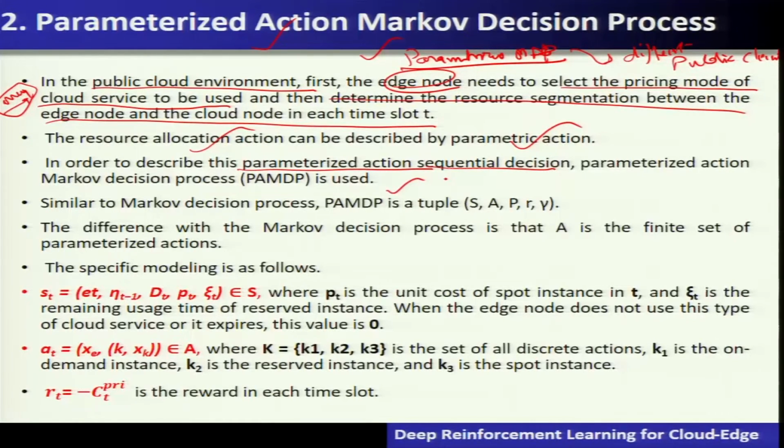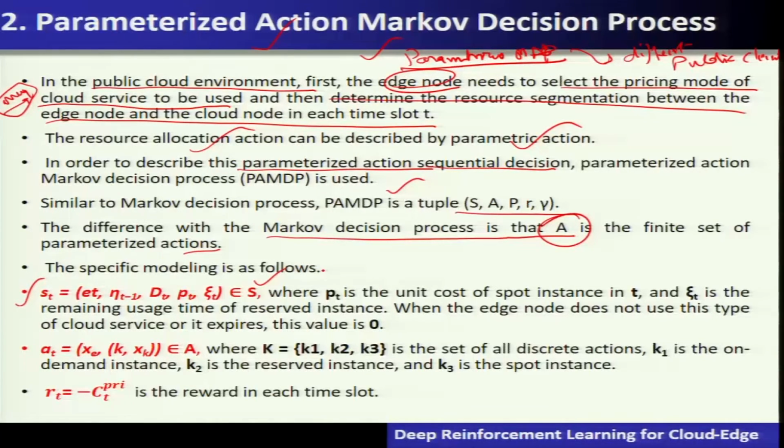The parameterized Markov decision process is again a tuple S, A, P, R, gamma. The difference from the Markov decision process is that A is a finite set of parameterized actions. So the specific modeling is as follows. S is the set of states.